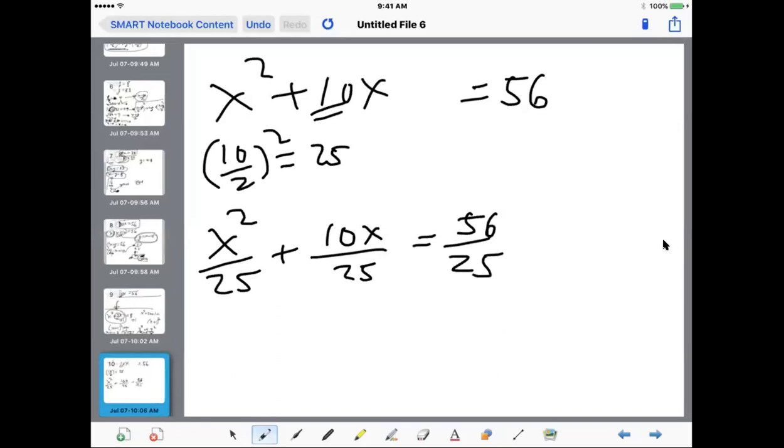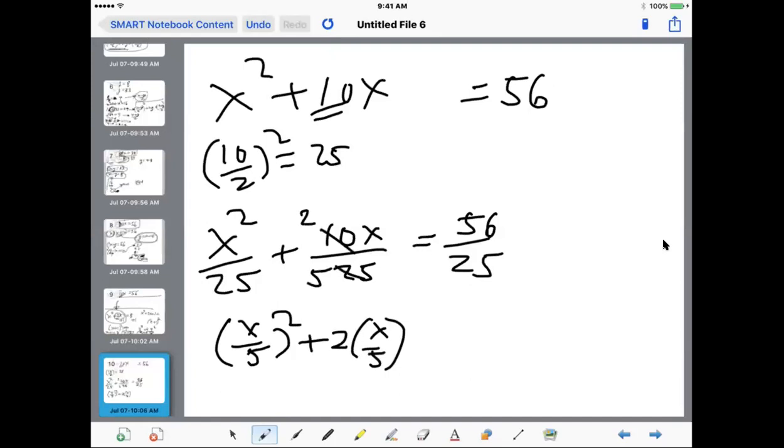Now you look at that and say, well, this is even more complicated than the original question. But look what happens next. I can change x squared over 25 to x over 5 squared. And I could change 10x over 25, right? 10 over 25 reduces to 2/5, to 2 times x over 5.